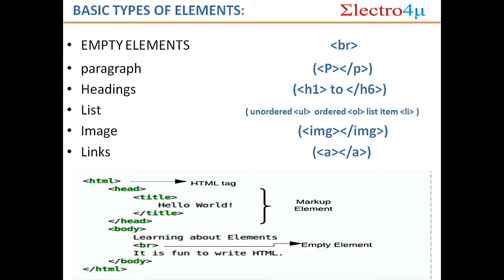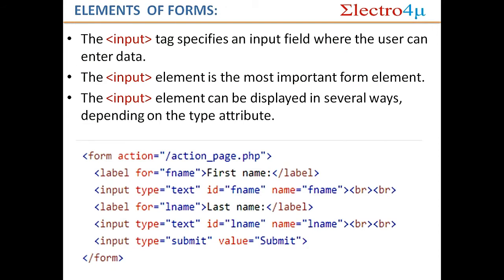And after that, we learned input. Input, in the sense, when you make a form or make a username page or password page or registration page, login page, those things, that time we use form, and under form use label or input, both are used. Okay. So the input tag specifies an input field where the user can enter data.